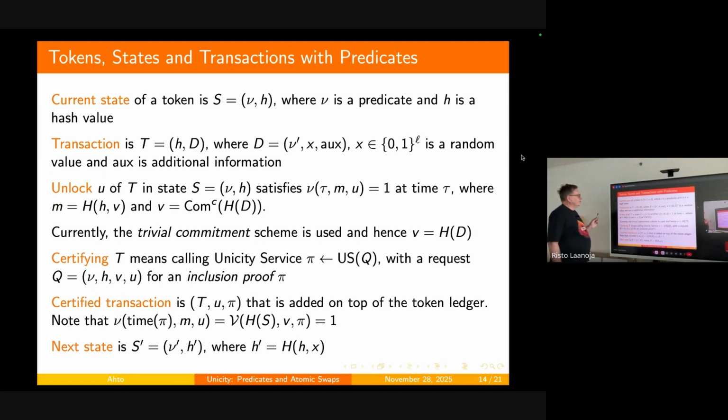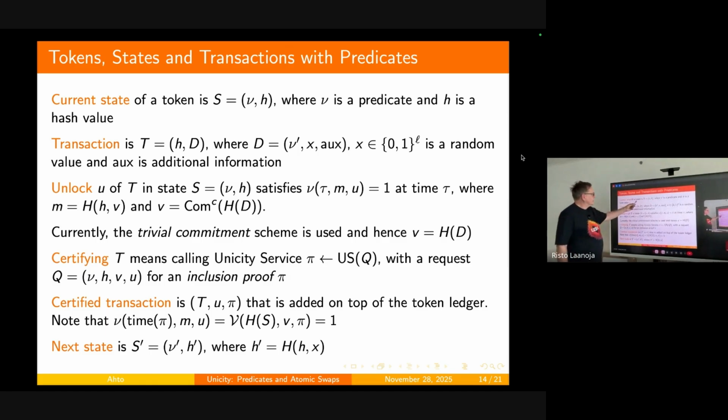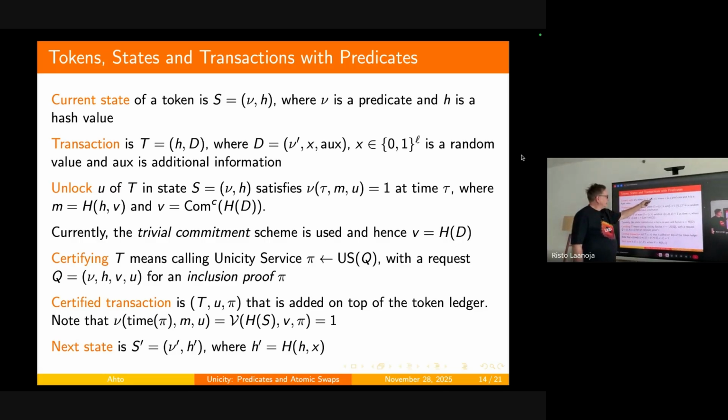Okay, so first step, how to do the same thing, the state transfer with predicates. So now we have states of tokens that are not just public key and hash pairs, but they are predicate and hash pairs.